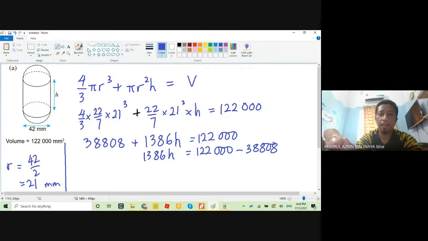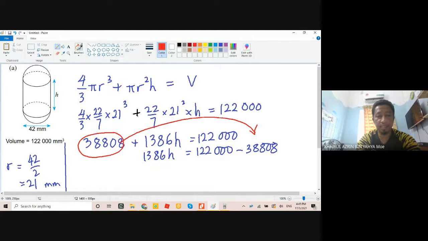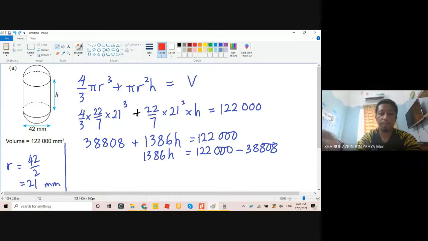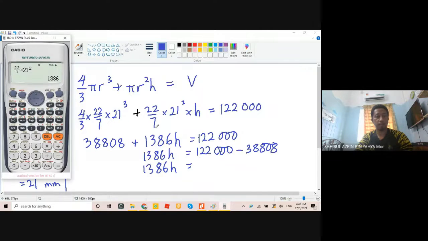So this number, we move to the right hand side and it becomes minus. So continue. 1386h equal to, so we find the number here, or I use the calculator.